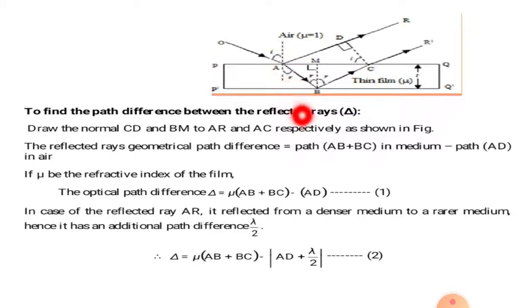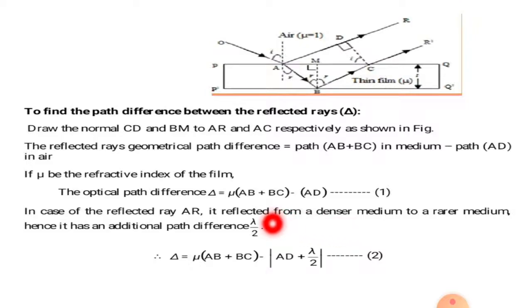So the additional path difference of the first reflected light ray is lambda by 2. Hence the resulting path difference delta is equal to mu into AB plus BC, minus AD plus lambda by 2. So this is equation 2.